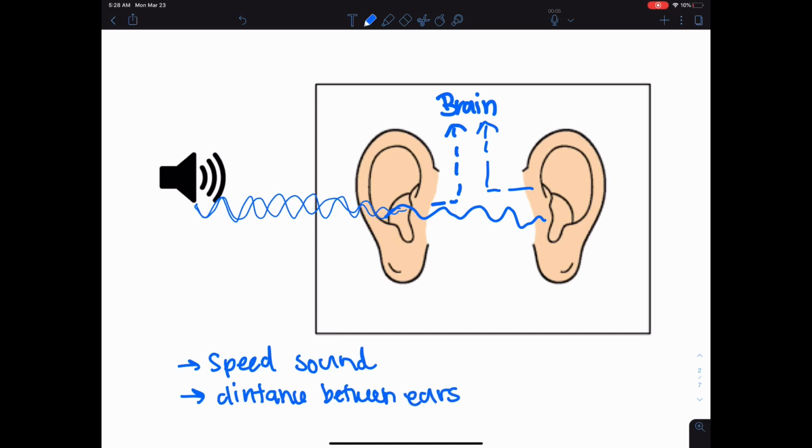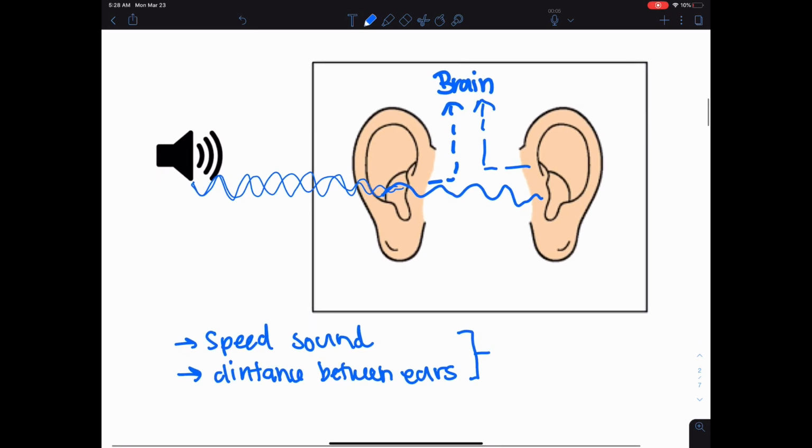With these two constraints, in order to be able to detect where something is in space, to tell a direction, you have to be able to achieve time delays that are 0.7 milliseconds.